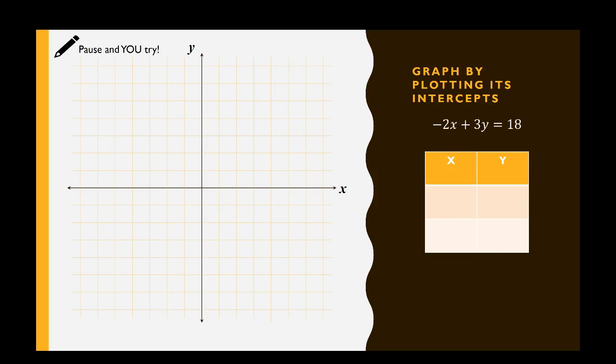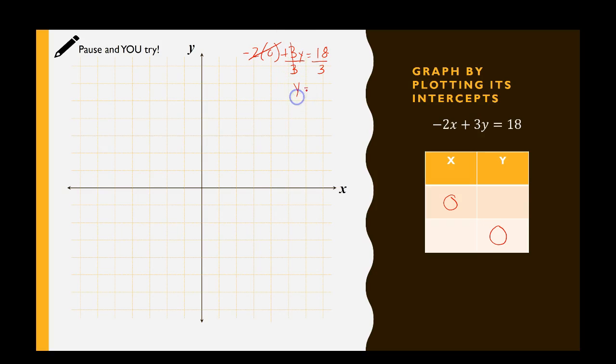Good. All right, you try this one. See what you can get. All right, so we got 0, 0 because we're using the intercept method. So this would be -2 times 0 plus 3y equals 18. So those would cancel. I would divide by 3.